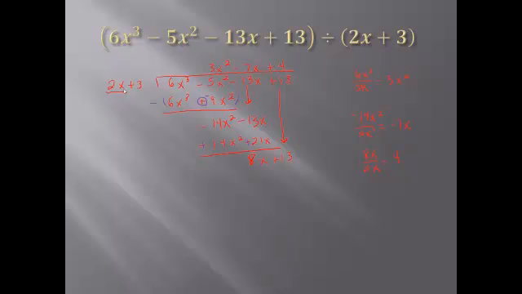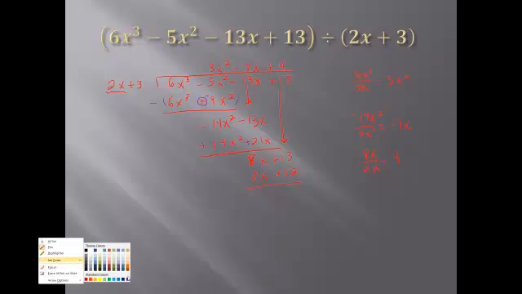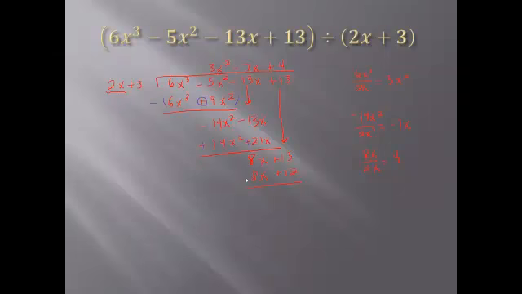Take the 4, multiply it. 4 times 2x, 8x. 4 times 3, 12. And after we multiply, we have to subtract or change these signs, and they'll both go to negative. So that will cancel. 8x minus 8x, and then 13 minus 12 is 1. We have a remainder of 1.